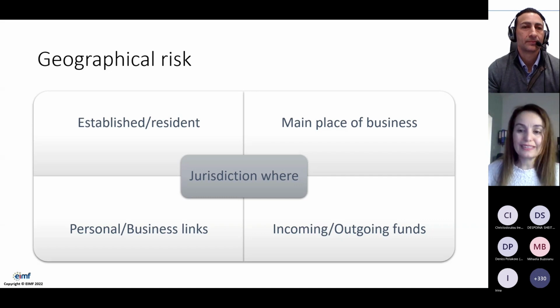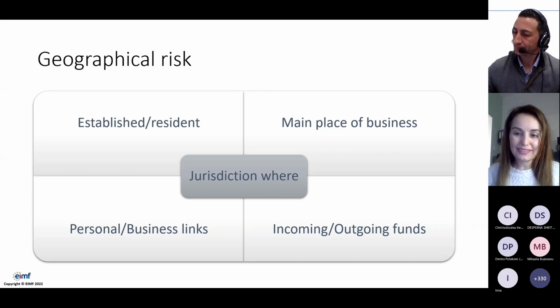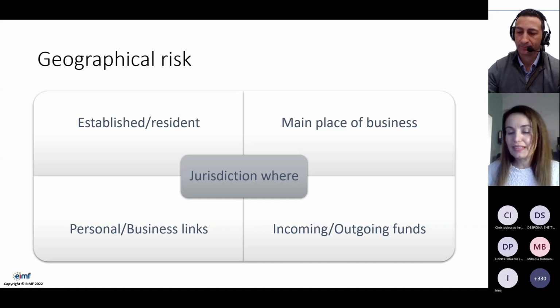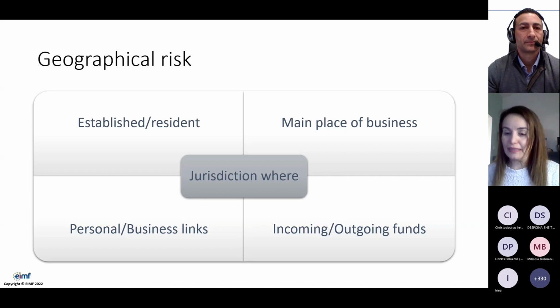And most important, incoming and outgoing funds. Here it's not easy for the customer to lie. You see where the funds are coming from and where they are going. So at some point, you will be able to identify if there are any potential risks.